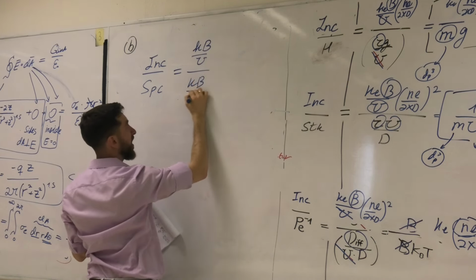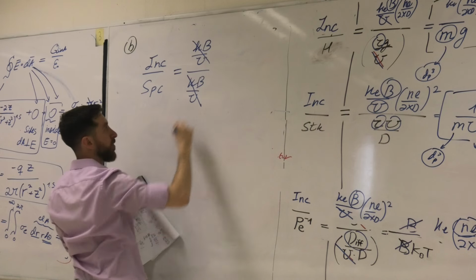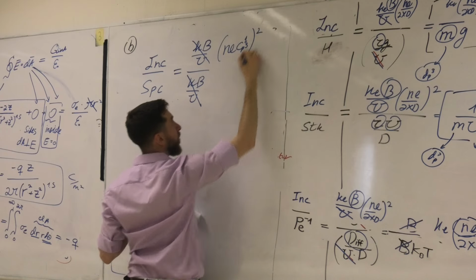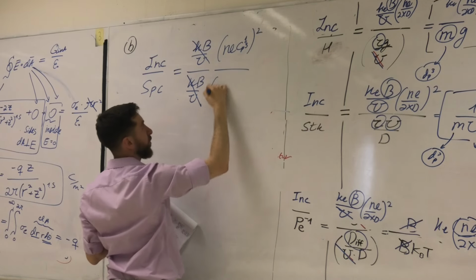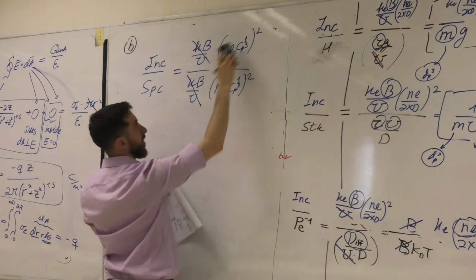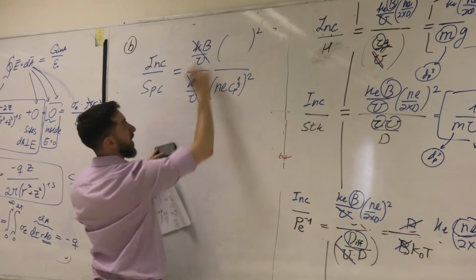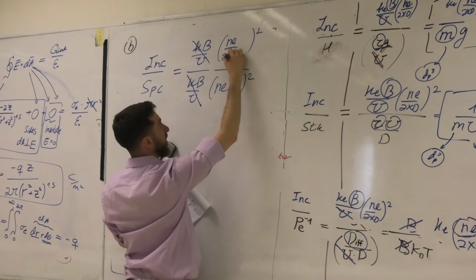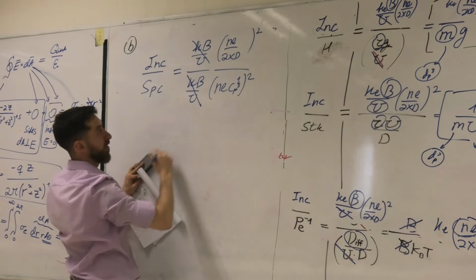Also here, K, B, and U cancel out. Here we have NECP to the third squared. And here, this was the space to the third, right? And here we have NE, right? 2XD. You see it?